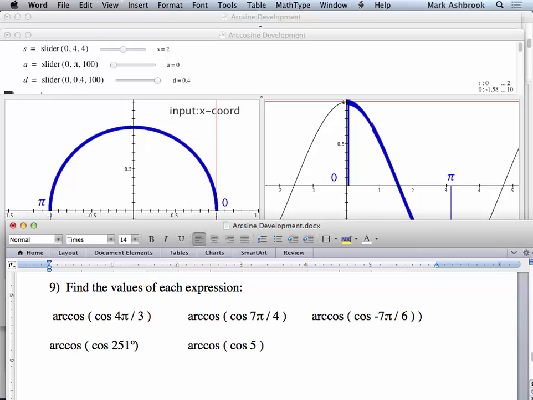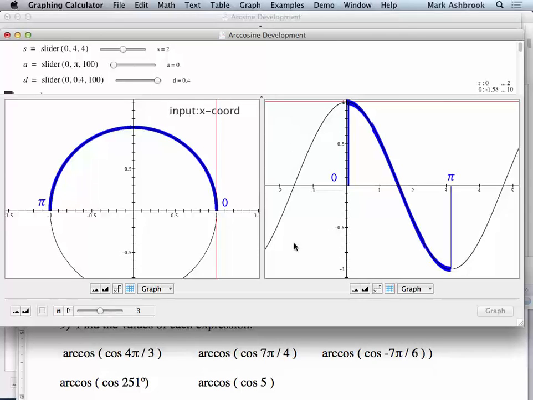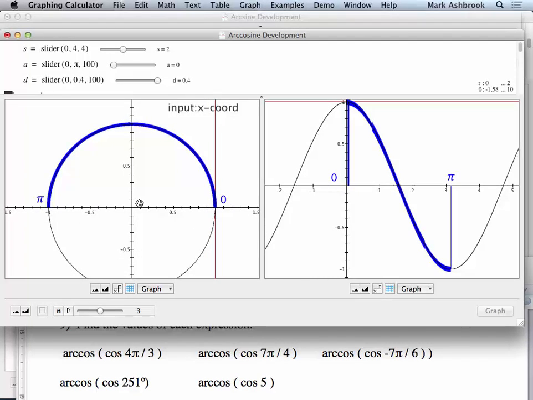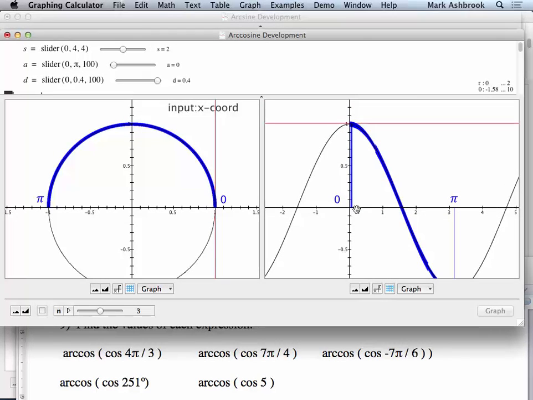Okay, Melissa, talk to me about arccosine of cosine of 4 pi over 3. So cosine of 4 pi over 3 is going to be in the second quadrant, closer to the horizontal diameter. Are you sure? Oh wait, no, sorry, third quadrant, closer to the horizontal. So 4 pi over 3, 1, 2, 3.